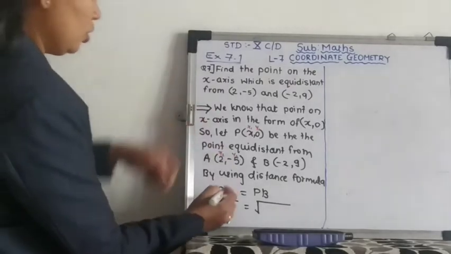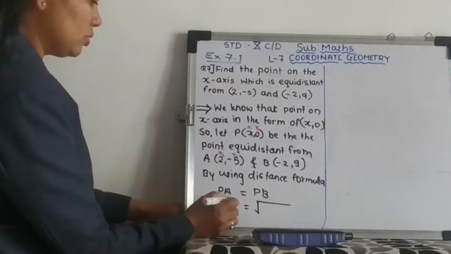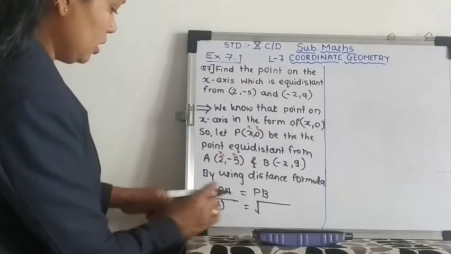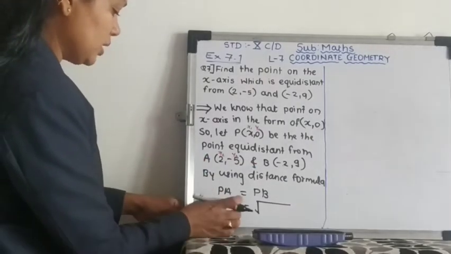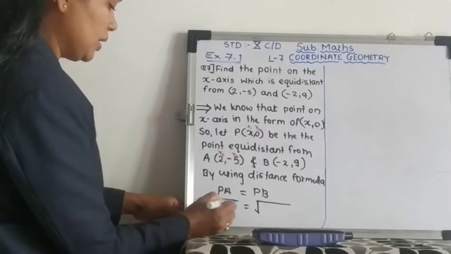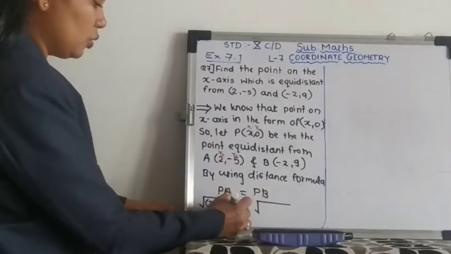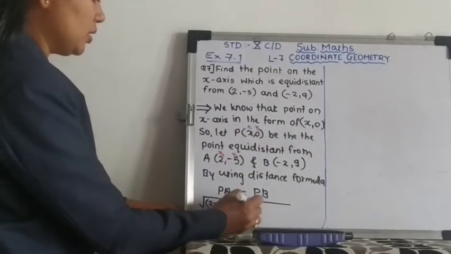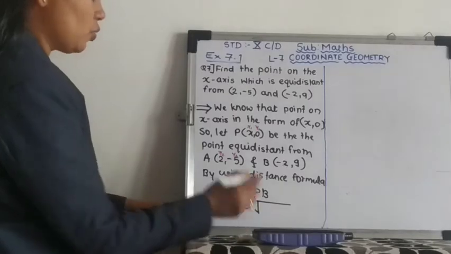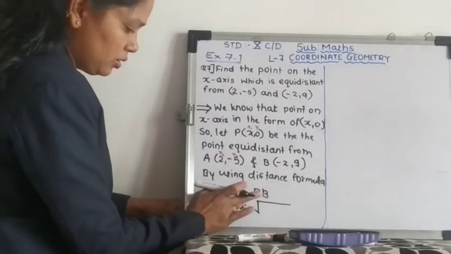So here we'll have x2, that is 2 minus x, bracket square, plus minus 5 minus 0, bracket square. I'll write it more clearly.